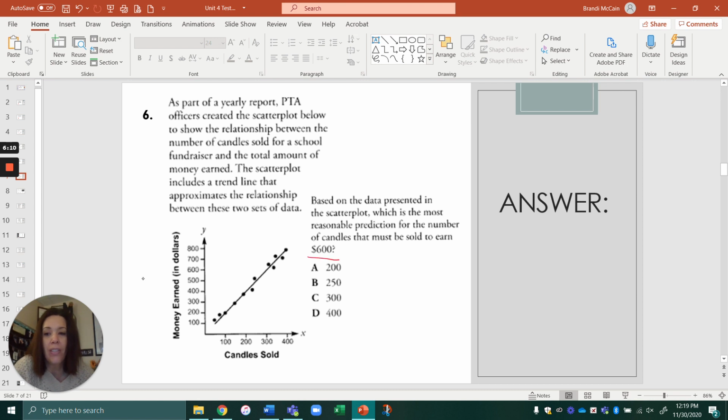Well, this is candles, this is money, so 600 is over here this time. So we're following this line over till we get to here. And if we're doing that, then we have 200 is here, 250 is here, 300, or 400. The one that's on our line is the 300. That's how you're going to do your scatter plots, guys.